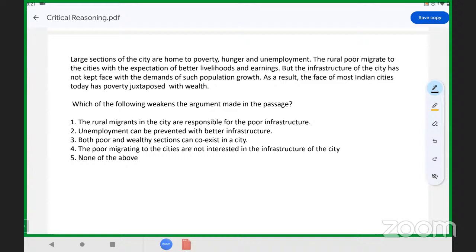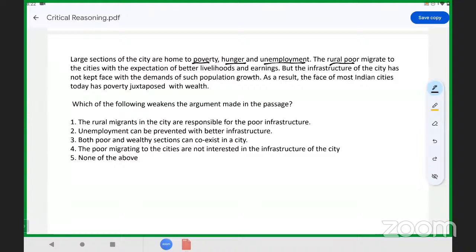So what does the first sentence say here? That large sections of the cities are home to poverty, hunger and unemployment, which means the majority of the population living in that particular city are facing poverty, hunger, and unemployment.